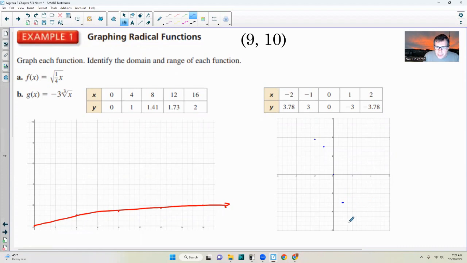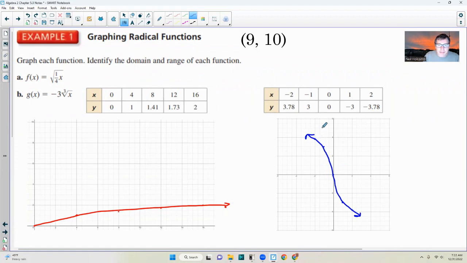And 2, -3.78, which is approximately here. Okay, so now you can see this graph is coming down like so, coming down and then turning and going this way.